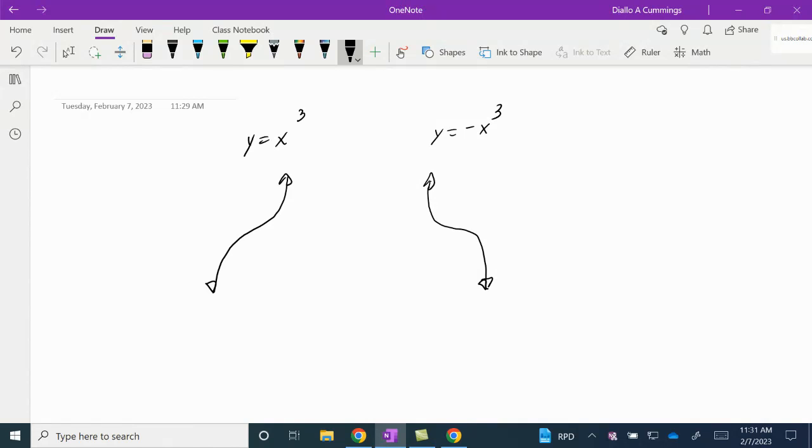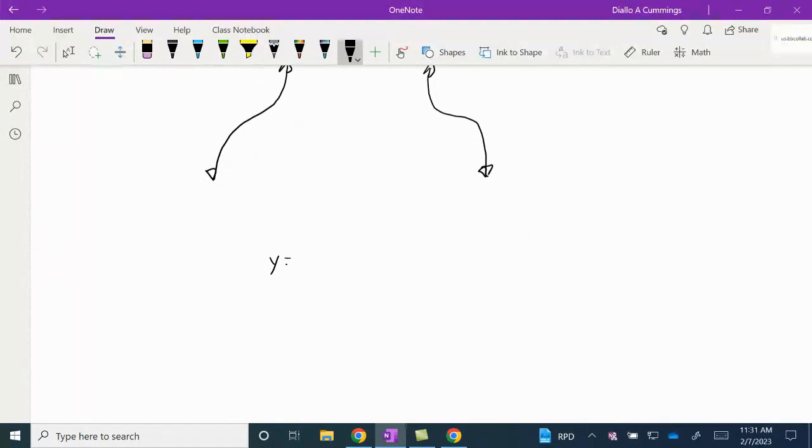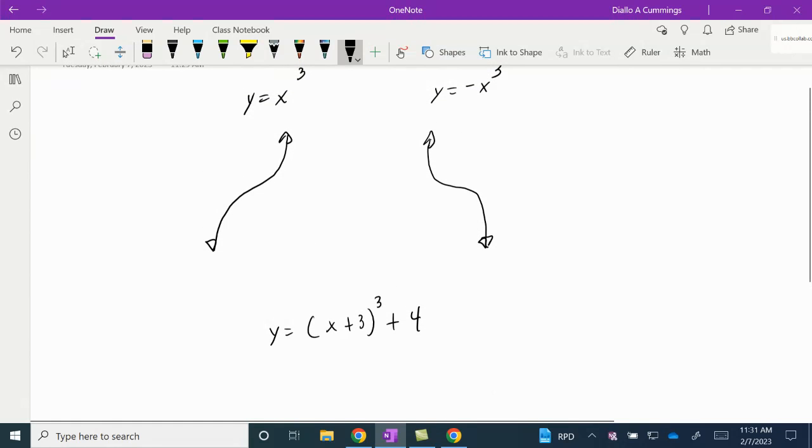Notice that for our equation, we have y is equal to the quantity x plus 3 quantity cubed plus 4. Since the value of our x variable is positive, we're going to have this S-shaped graph.